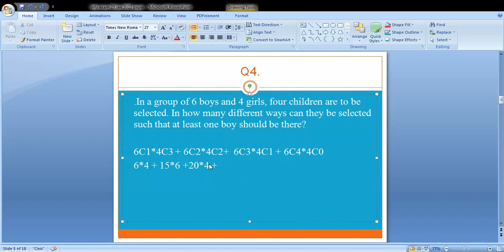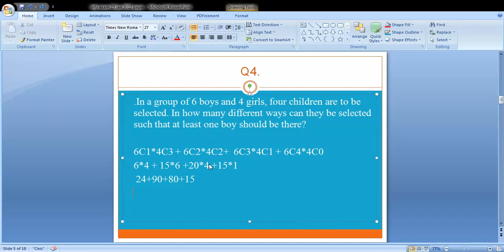Or 6C4 is nothing but 6C2, that is nothing but 15 into 4C0, which is nothing but 1. So if I solve it, I'll get 24, plus 15 into 6 is 90, plus 20 into 4 is 80, plus 15 into 1 is 15.